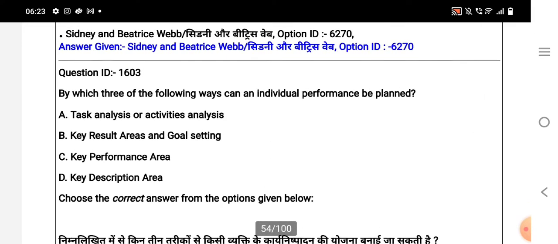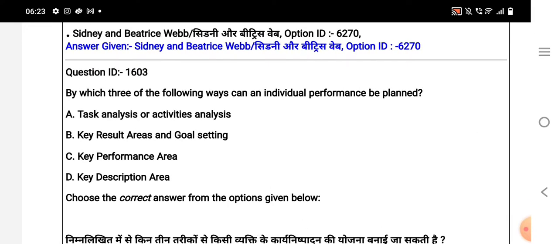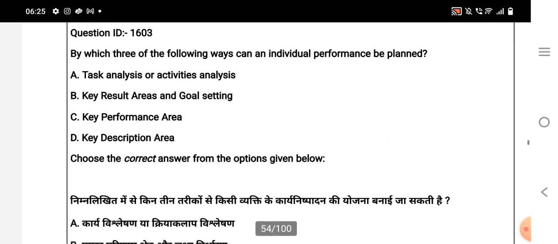The next question on the screen is by which three of the following ways can an individual performance be planned? So the options are task analysis or activities analysis, key result areas and goal setting, key performance area, key description area.